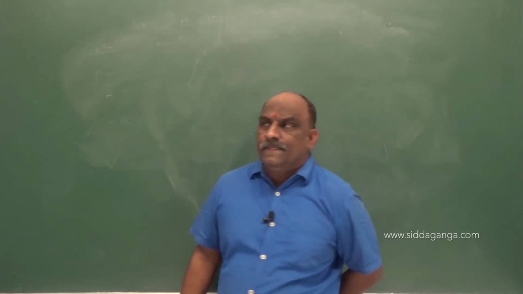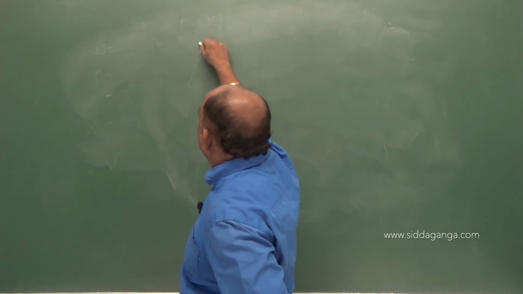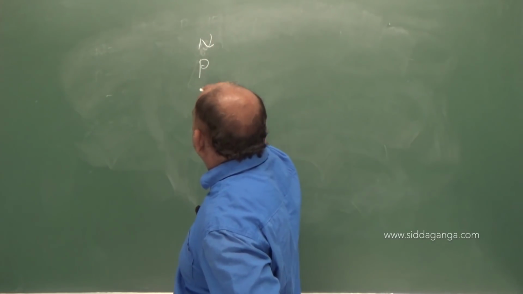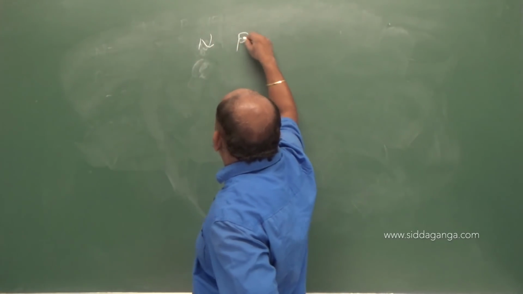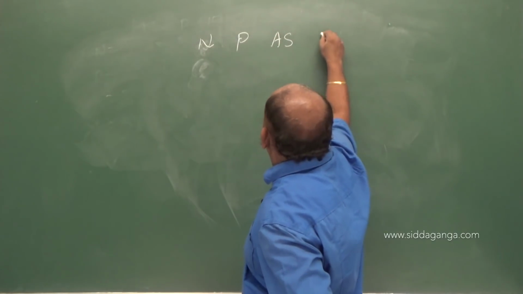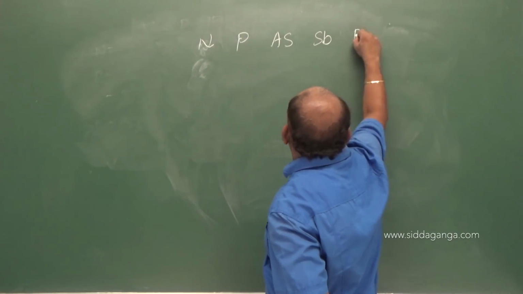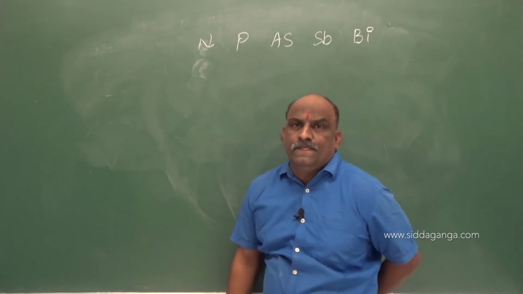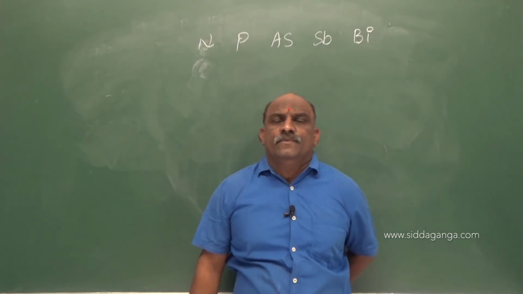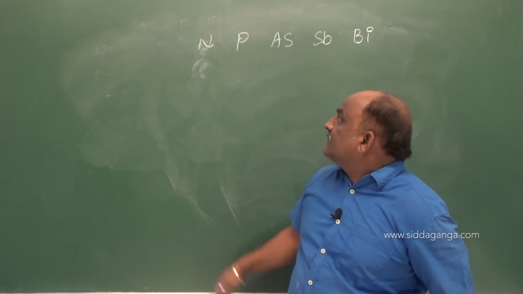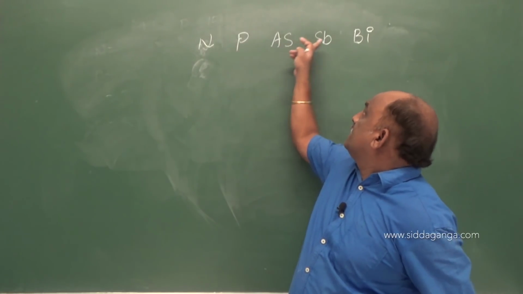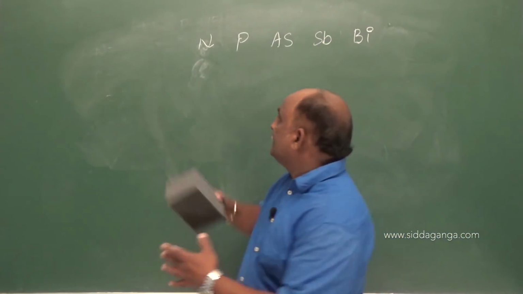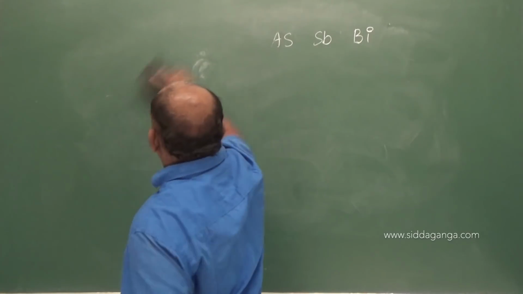So here once again: nitrogen, phosphorus, arsenic, antimony, bismuth.